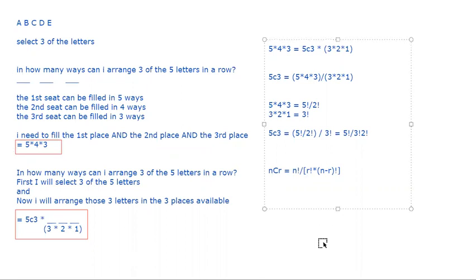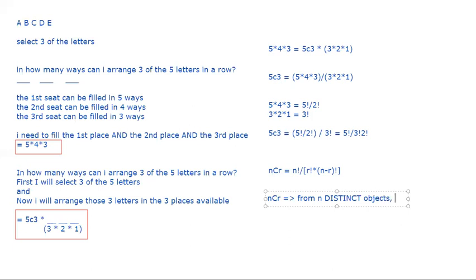So now if I were to ask you, what did you understand from this? When I am doing nCr, I am working with letters like A, B, C, D, E. They're all different distinct letters, right? nCr means from n distinct letters or distinct objects, you need to select r objects.